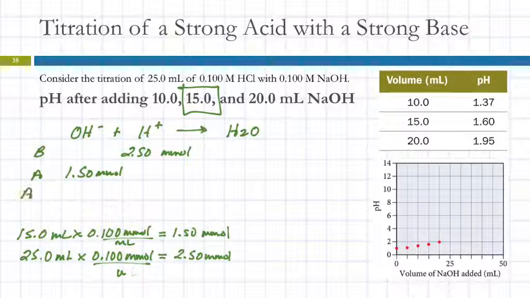And so after the addition, we're assuming that this is going to react completely with that to make more water molecules. So after addition, this basically goes to 0. And what I've got left for the hydrogen ion is 2.5 minus 1.5, which should be 1.00 millimoles.